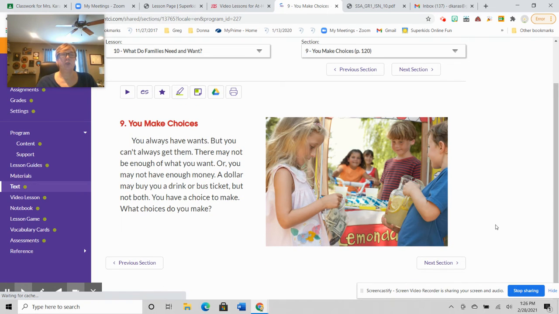Number 9, you make choices. You always have wants, but you can't always get them. I know that's tough. There may not be enough of what you want, or you may not have enough money. $1 may buy you a drink or a bus ticket, but not both. You have a choice to make. What choices do you make?